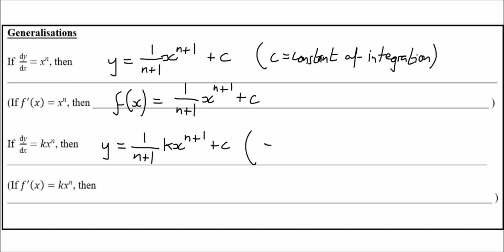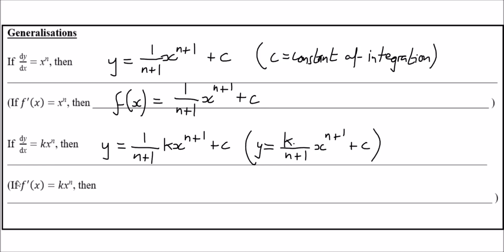And if you want to, you could write this as y equals kx. Sorry, my mistake. Not kx, but just k over n plus 1 x to the power n plus 1 plus c. So instead of having the 1 on the numerator, we just have a k here.